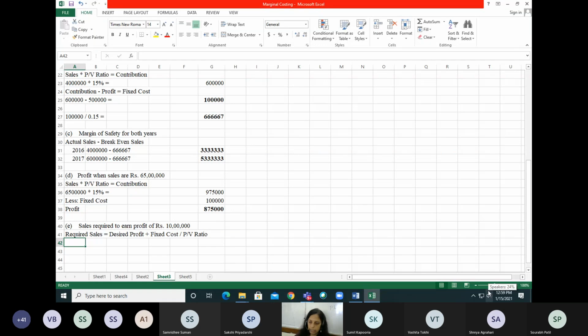Desired profit is 10 lakh, plus fixed cost is 1 lakh, divided by PV ratio 0.15.